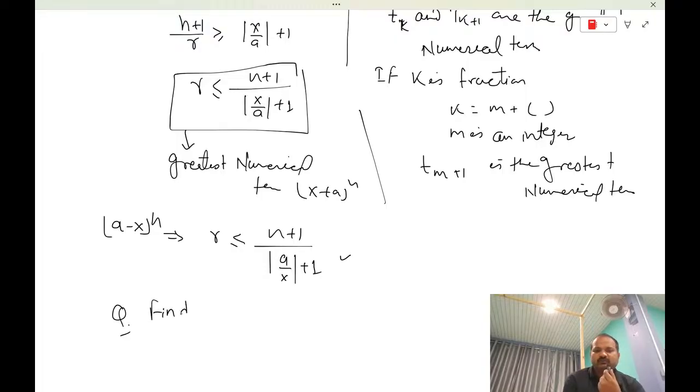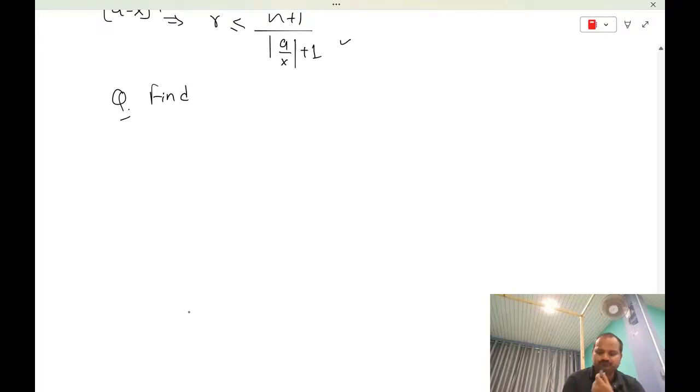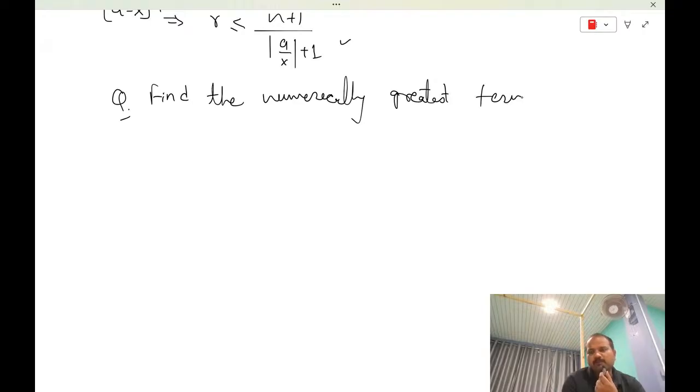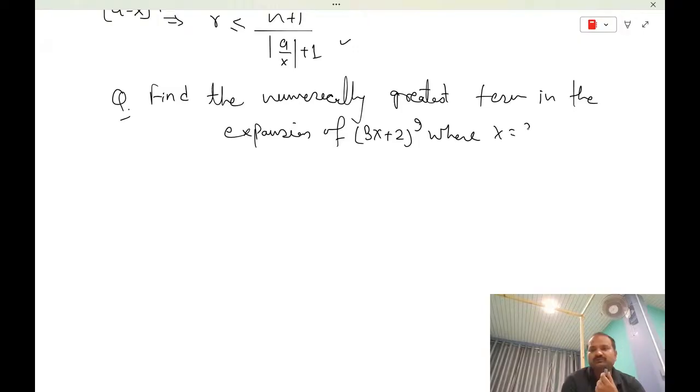Here one question is given: find the numerically greatest term in the expansion of 3x plus 2 whole to the power 9, where x is equal to 3 by 2.